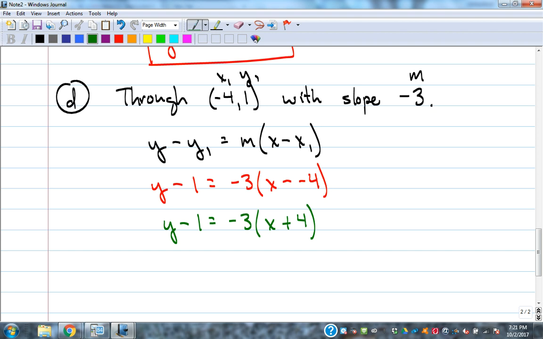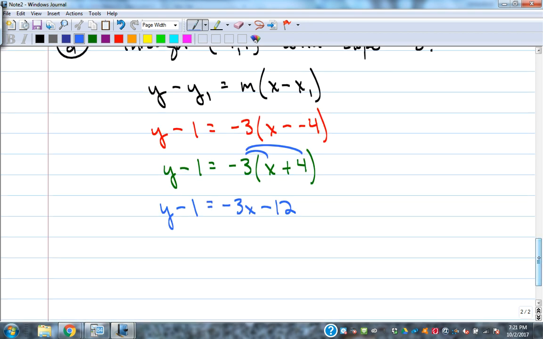Couple of steps and I got it, right? Because on the right-hand side, I could distribute negative 3 to both of those pieces and get negative 3x minus 12. And then I'm one step away from having y by itself. What's that step?